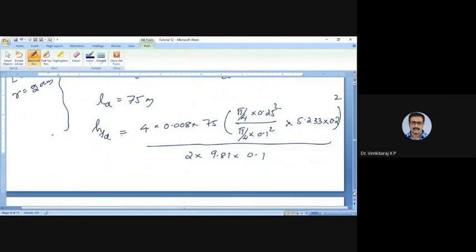So this you will get is equal to 52.34. So this is the value of frictional head loss in the delivery pipe without air vessel.